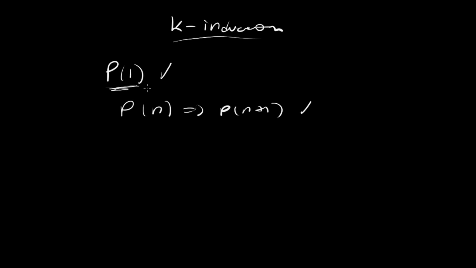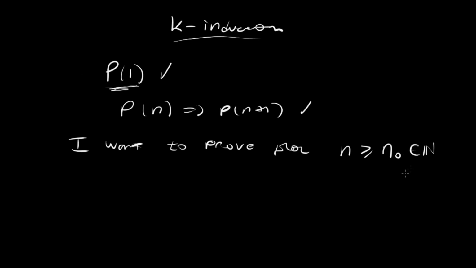What if I want to prove something for n greater than or equal to a certain number n0, that is also a natural number? Then it's actually the same thing.